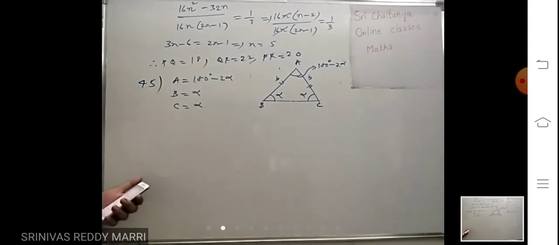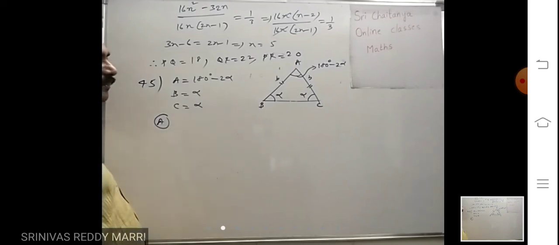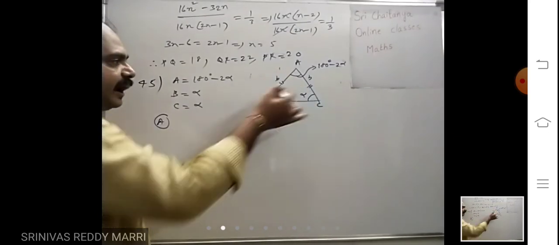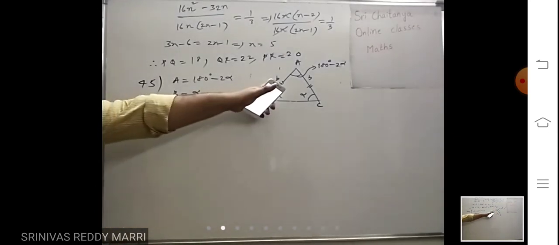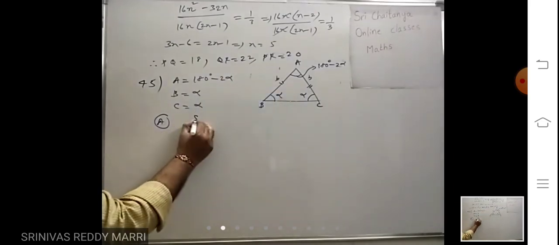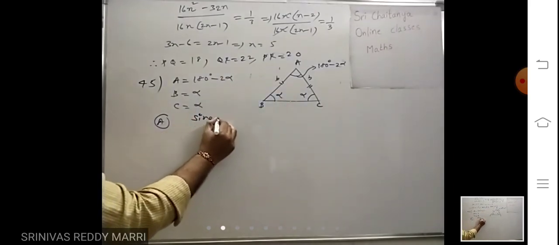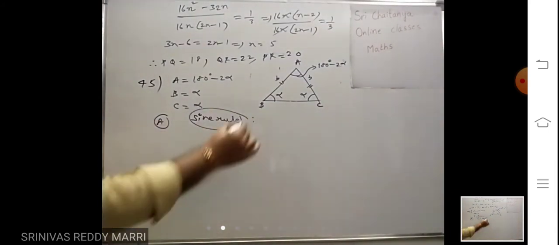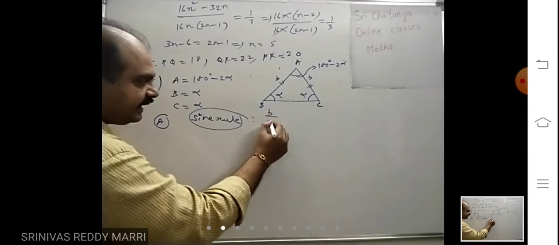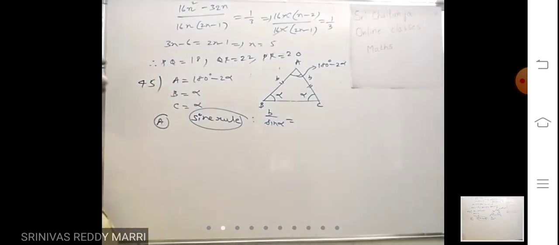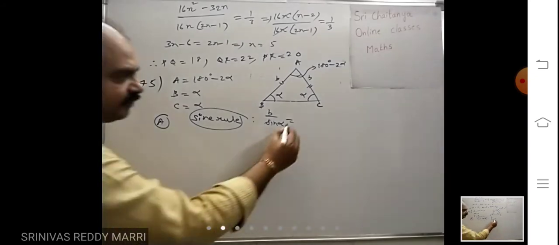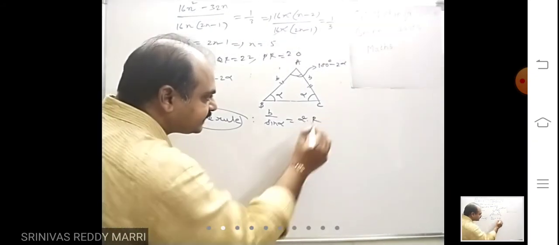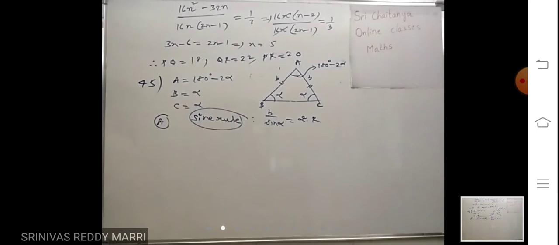Now look at option A. He is asking you to calculate the circumradius. To calculate the circumradius, one side and the opposite angle are necessary. I am applying a simple sine rule: a side divided by the sine of the opposite angle equals 2 into the circumradius of the triangle.